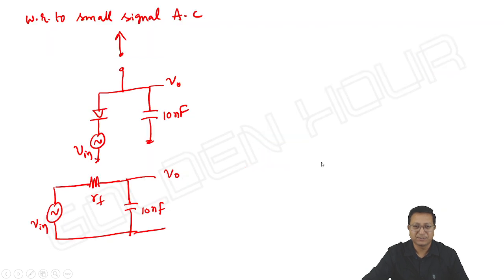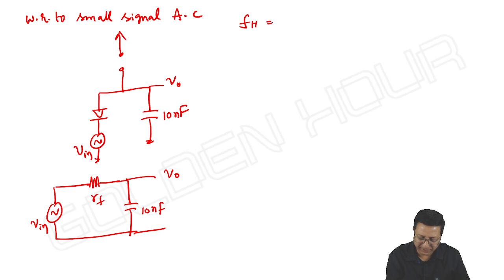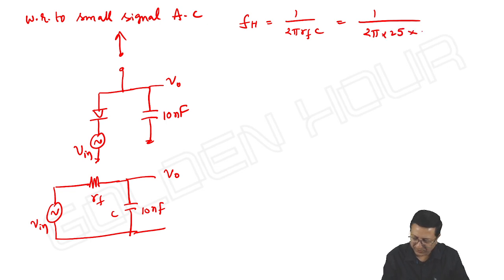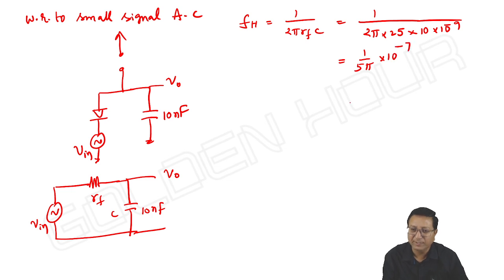FH is equal to, I'm directly writing the answer, 1 by 2 pi RF into C. It is 1 by 2 pi, RF is 25 ohms and capacitor is 10 nanofarad. So its value is equal to 1 by 500 pi into 10 power minus 9.